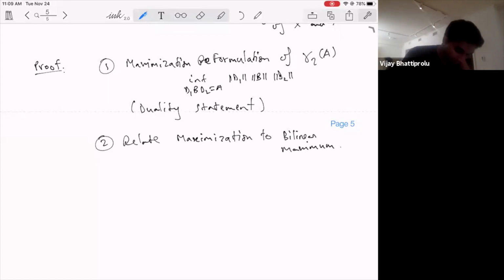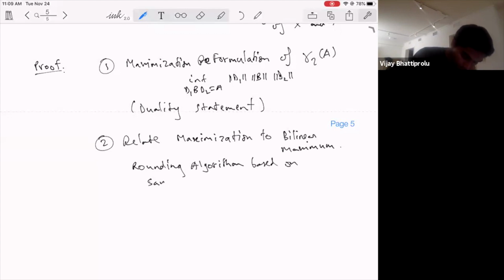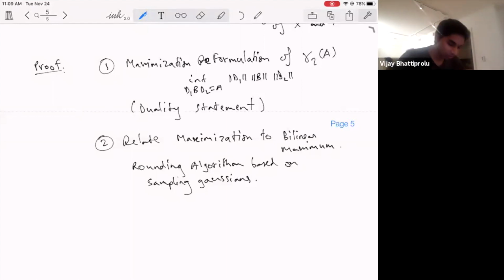Now, this second step typically involves a rounding algorithm based on sampling Gaussians. And this is what I talked about last week. So I'm not going to talk about two today because I talked about it a lot last week.